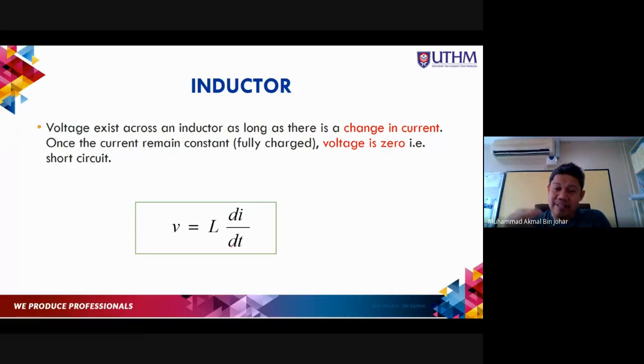It's not like a resistor, which maintains the same behavior at t equals 0, t equals 1, and so on. But in a capacitor or inductor, the behavior always depends on time. So the voltage value can be determined by the change of current over time. So V is equal to L di over dt.